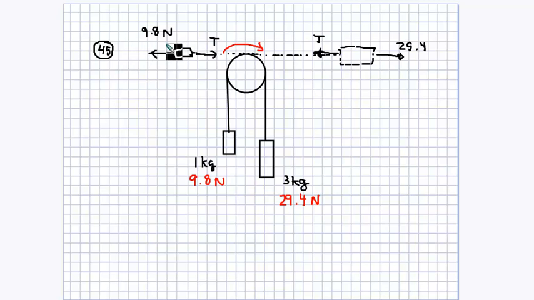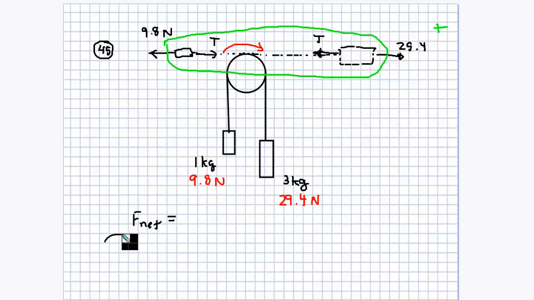If we want to look at the net force on the whole system, these two tension forces will cancel, and we have a positive 29.4, a negative 9.8. The net force here will be the combination of those two, paying attention to plus and minuses, 29.4, negative 9.8, and together that comes out to 19.6 newtons to the right, positive.